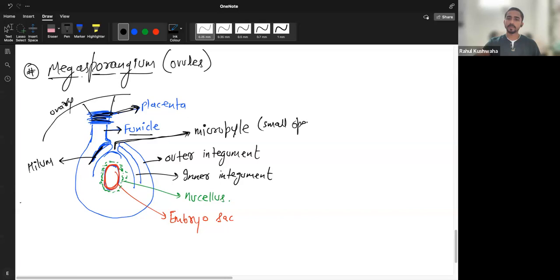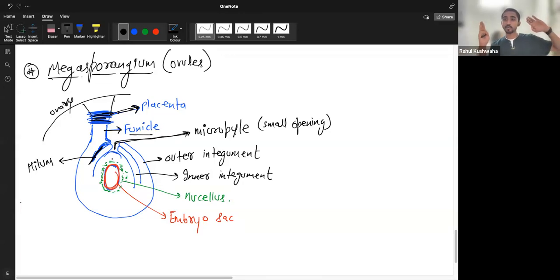So it's a small opening where the integuments are absent. You can write down: integuments are absent at the tip of the ovule, called micropyle. And that end is called the micropylar end, where the micropyle is present.